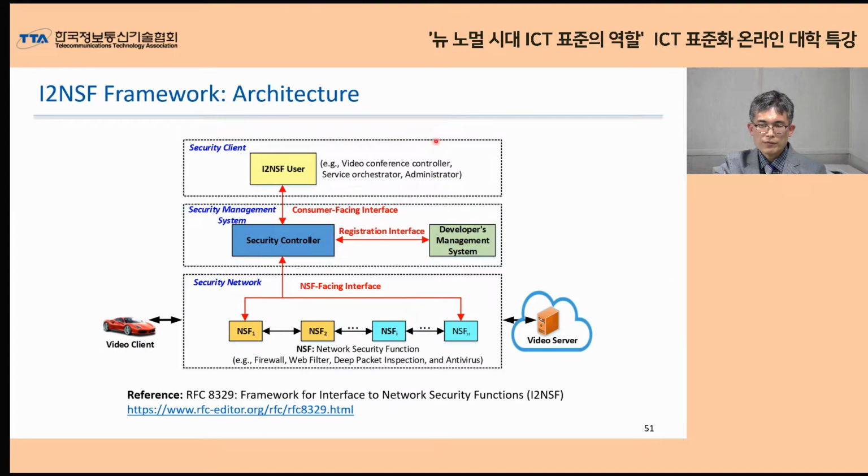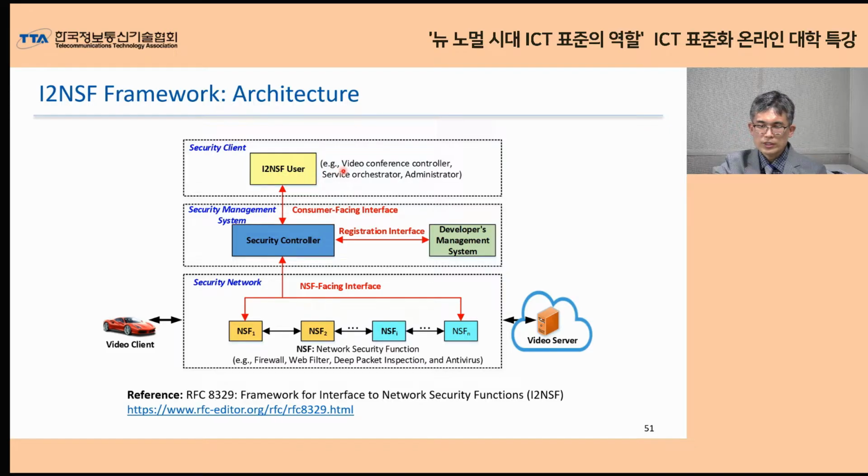So, the I2NSF framework architecture. You can see on the left-hand side the video client wants to get a video streaming service from the video server on the right-hand side. In that case, we import security configuration using the I2NSF framework.